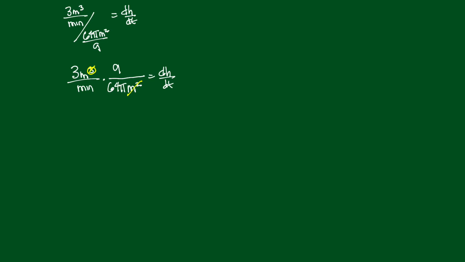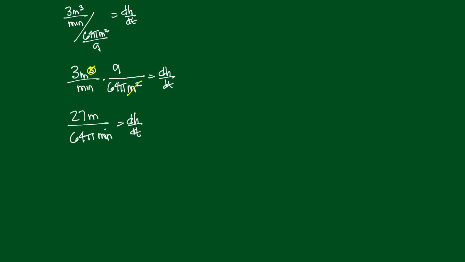So here's where we are. I'm going to have 3 times the 9, which is 27. I'll get an m left. And then this is over what? 64 pi minutes per minute. That's dh dt.